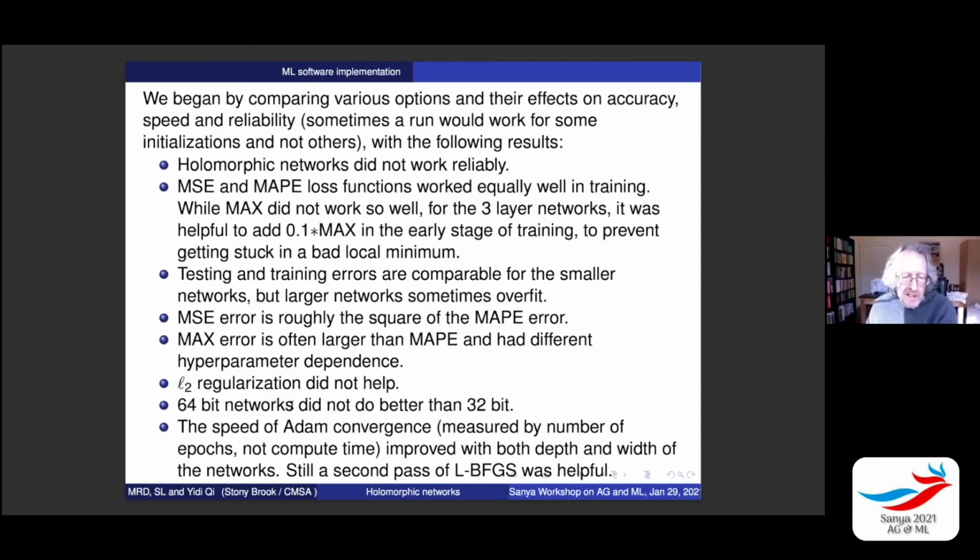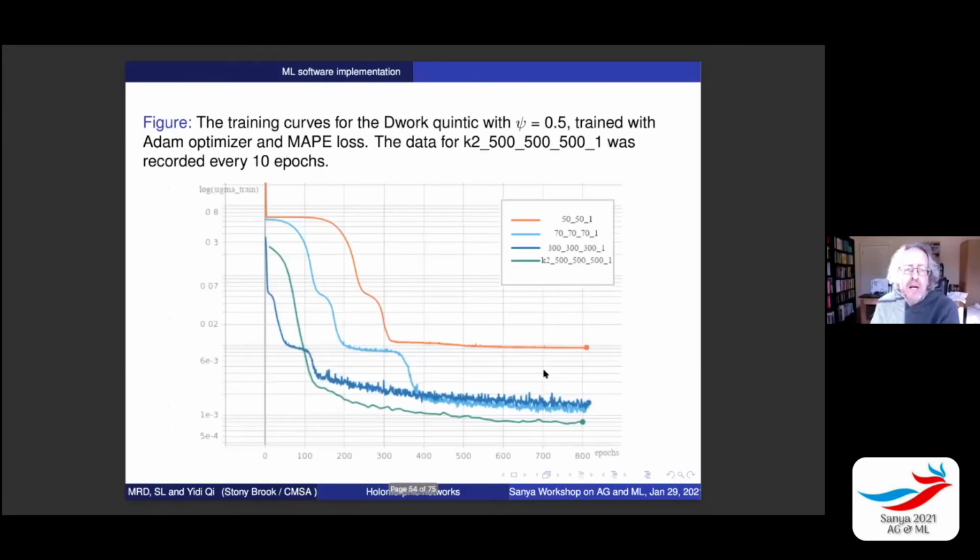Questions like, should we use 64-bit coefficients or 32-bit coefficients? How long does it take to converge? So all the practical details of getting a method like this to work. This is an example of how the accuracy depends on the number of steps you take of the gradient descent for various models.